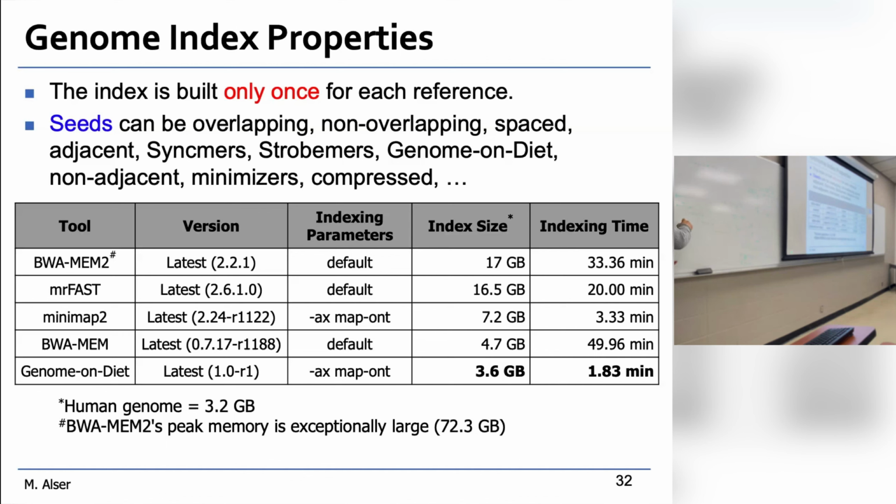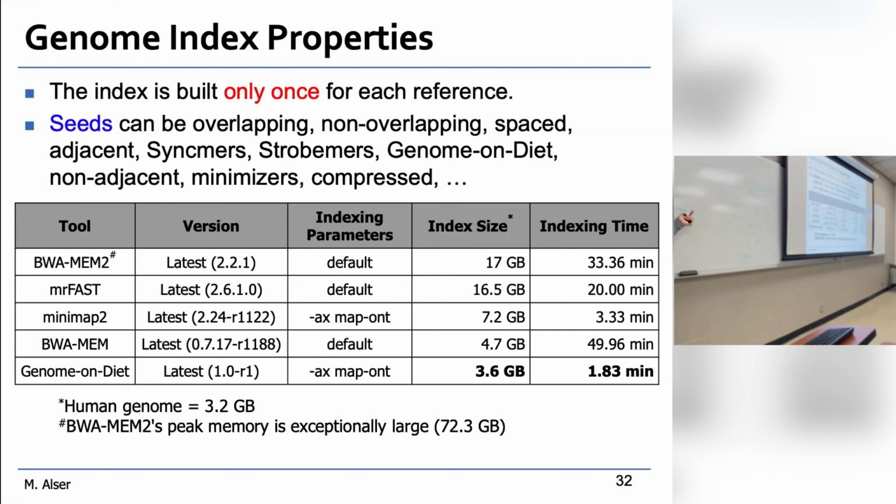This is non-overlapping. Now we could have spaced. What does spaced mean? Spaced is the thing we discussed, the inexact match. For example, I have this exact same reference genome. Spaced could be for overlapping, spaced could be for non-overlapping, doesn't matter. Spaced means instead of picking these k characters, you ignore some of them.